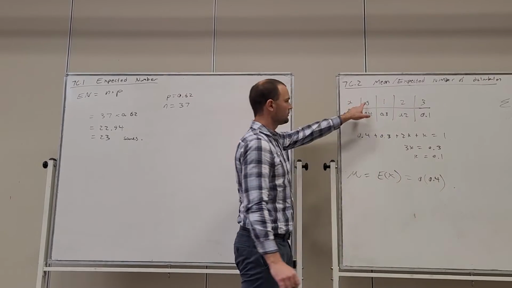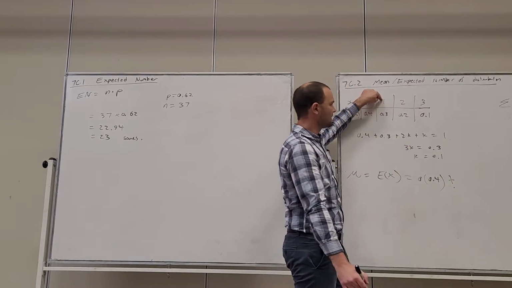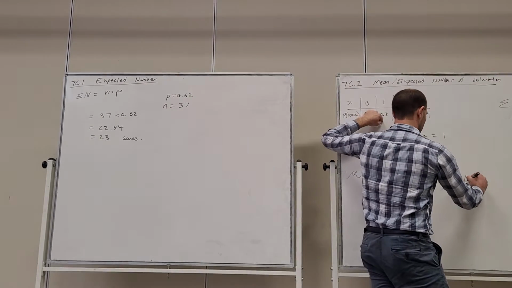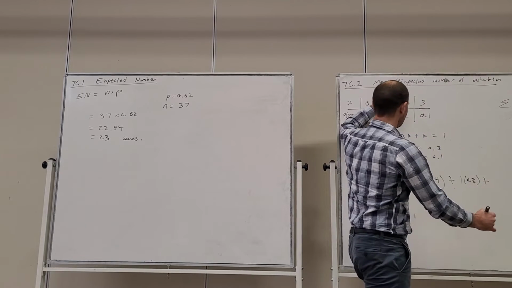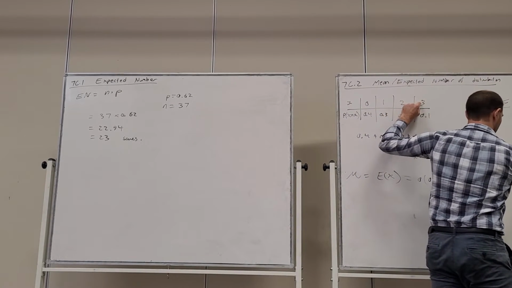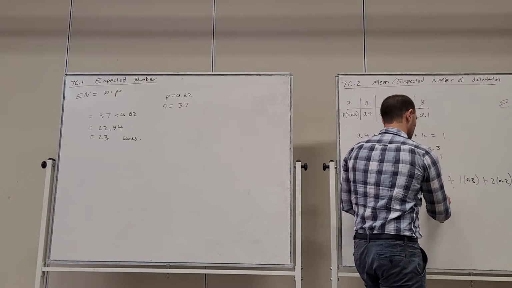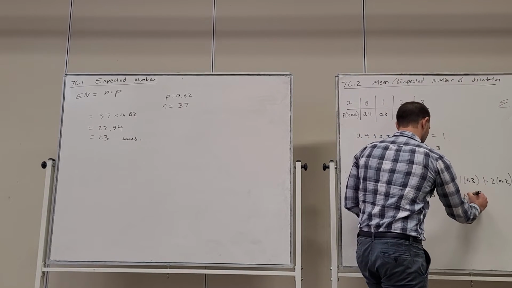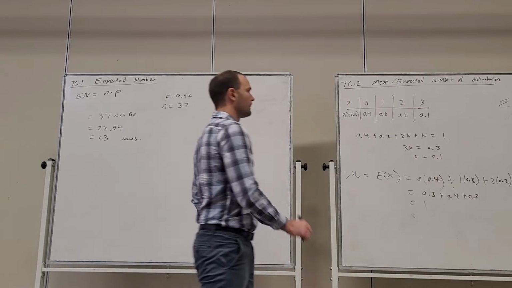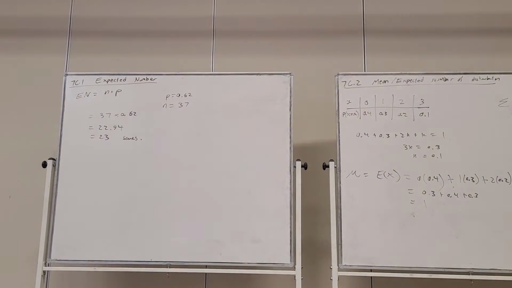0 times 0.4 plus the next event times each respective probability: 1 times 0.3 plus 2 times 0.2 plus 3 times 0.1. Calculate this out. 0.3 plus 0.4 plus 0.3 equals 1. So the mean here is 1, and that's just a coincidence.